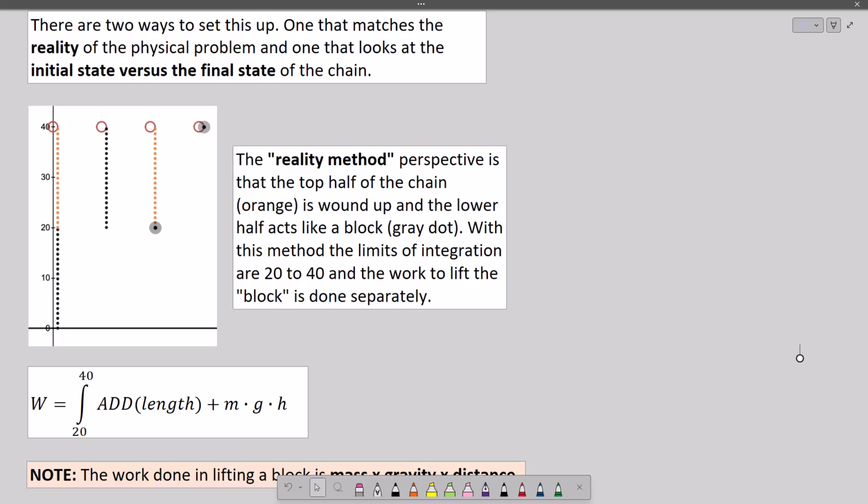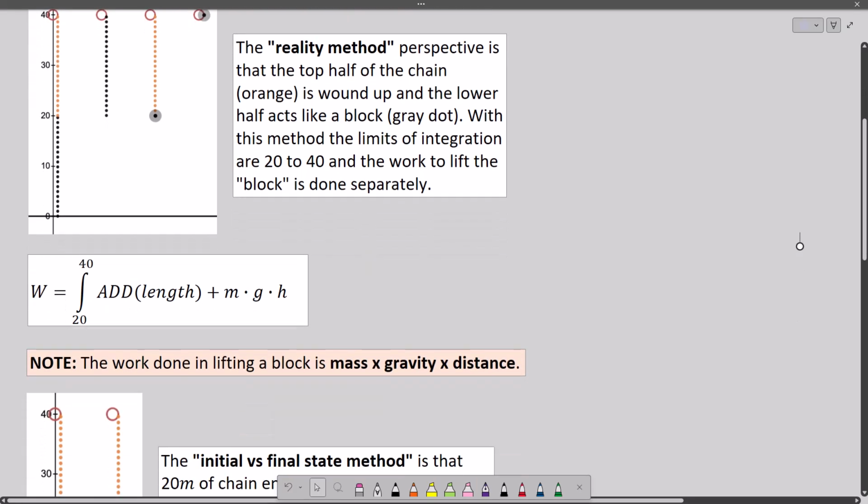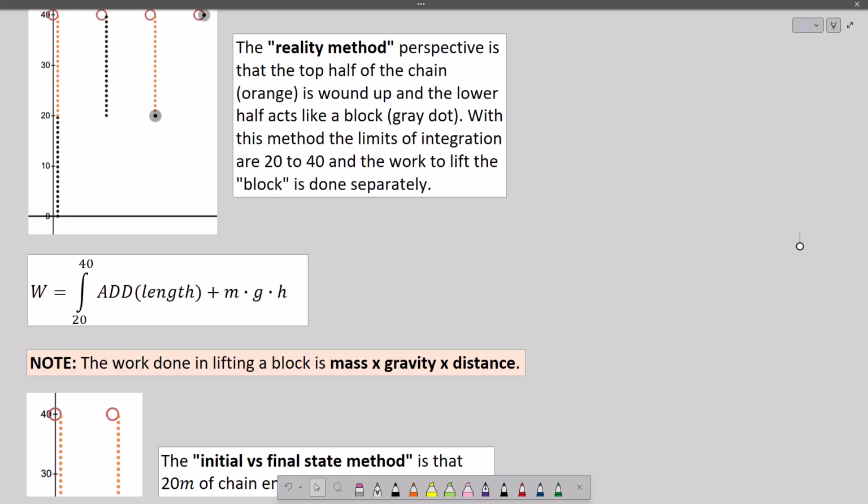We wind it up, the orange links are up on the winch, and that's what's left hanging. It's the same as if you imagined all these black links as one block, just being lifted. So the stuff that's moving onto the winch goes from a height of 20 to a height of 40, and then we add the mgh for the block, the bottom black links. Make sense? That's how I would think of it.